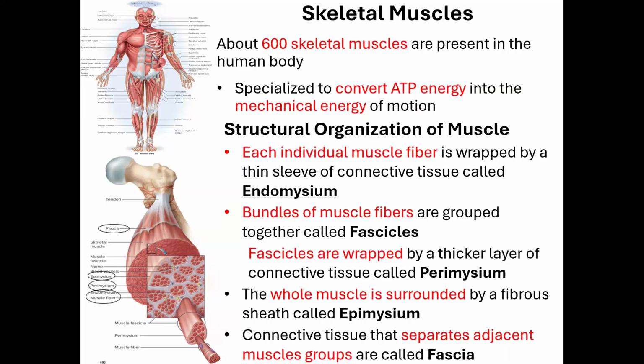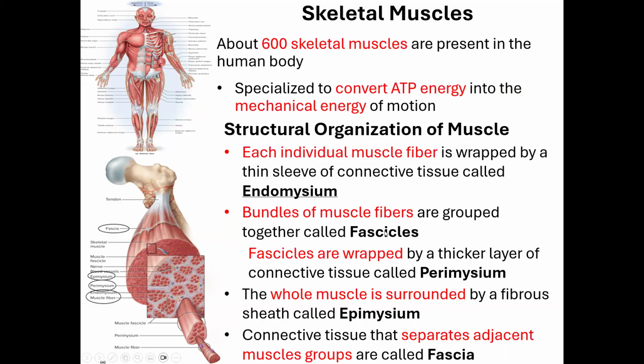So let's look at the smallest structure, which is a muscle fiber. That muscle fiber is surrounded by a wrapping, and that wrapping is called the endomysium. So you have this tiny little muscle fiber here, and it's wrapped by the endomysium.